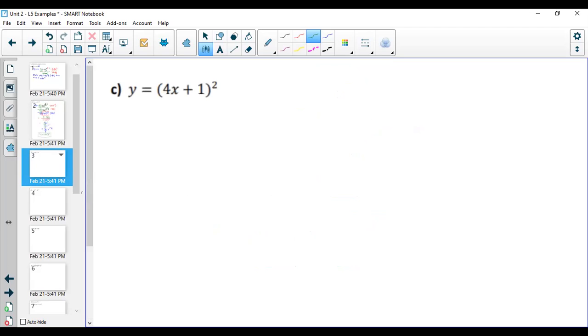Okay, so y is equal to (4x plus 1) squared. Now, I could write y as dy over dx or y prime. I'm going to choose dy over dx, the derivative of y with respect to x. I'm going to take this power of 2. Now, we're starting with (4x plus 1) squared because we've been dealing with monomials, and now I wanted to show you an example with binomials.